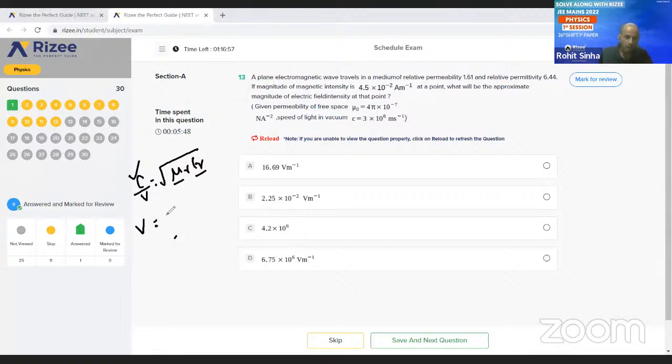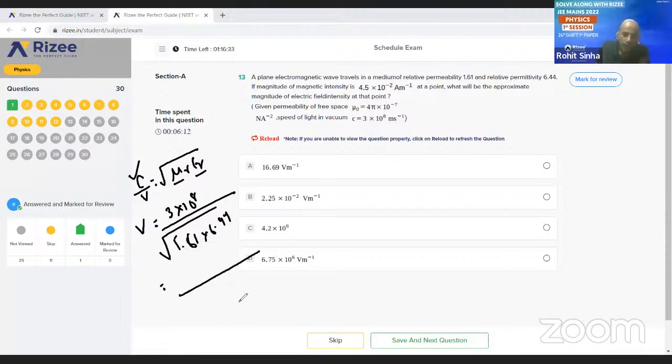How will you do this? Speed of light is 3 into 10 power 8 meter per second, and put the values of mu r and epsilon r, 1.61 and 6.44. You will get the value of the velocity in a general medium.